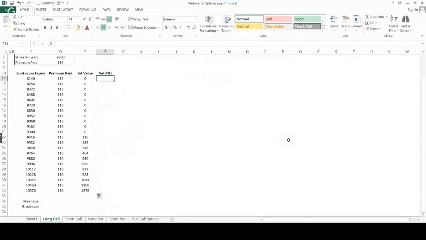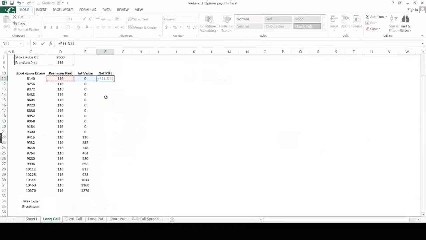My net P&L for holding this position will be the difference between the intrinsic value that I will get minus the premium that I've paid. So when I buy a call option, and if it is profitable, the first thing that I'll get is the intrinsic value.